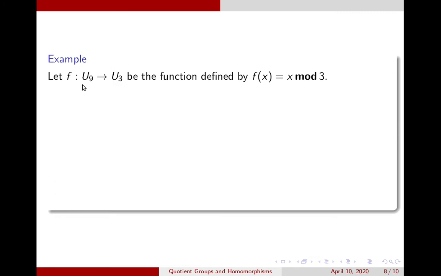Okay, so let's take an example. Here is a homomorphism from U9 to U3. We're not going to prove it. We've shown that functions like this are homomorphisms in the past. So f of x equals x mod 3 will define a homomorphism from U9 to U3.